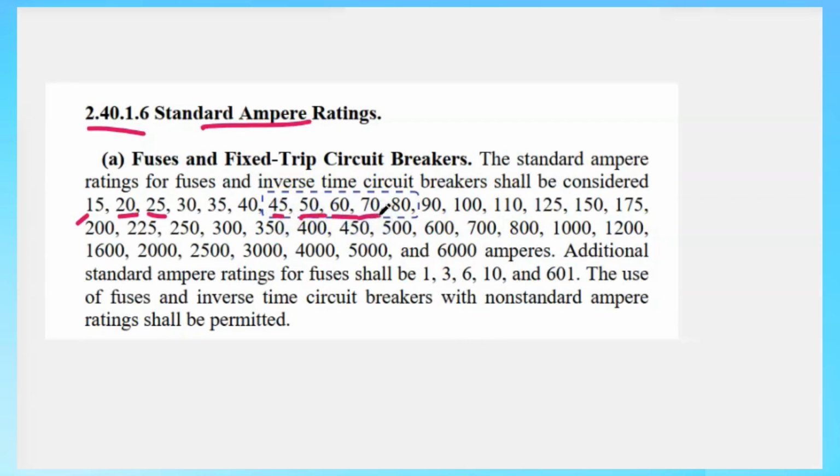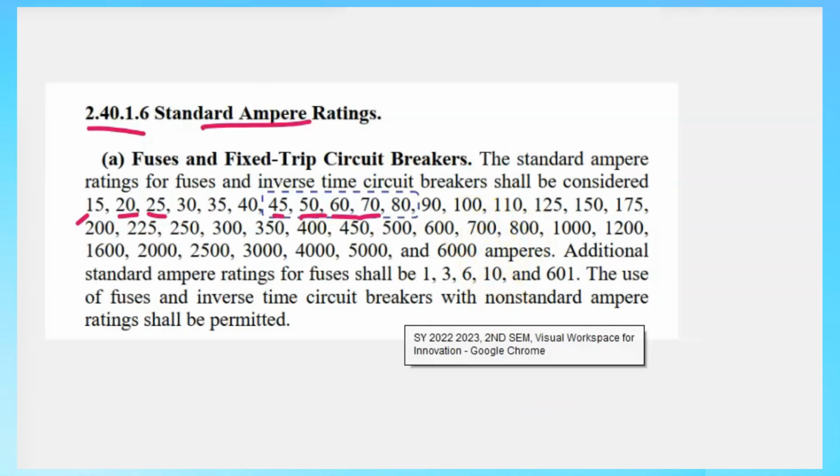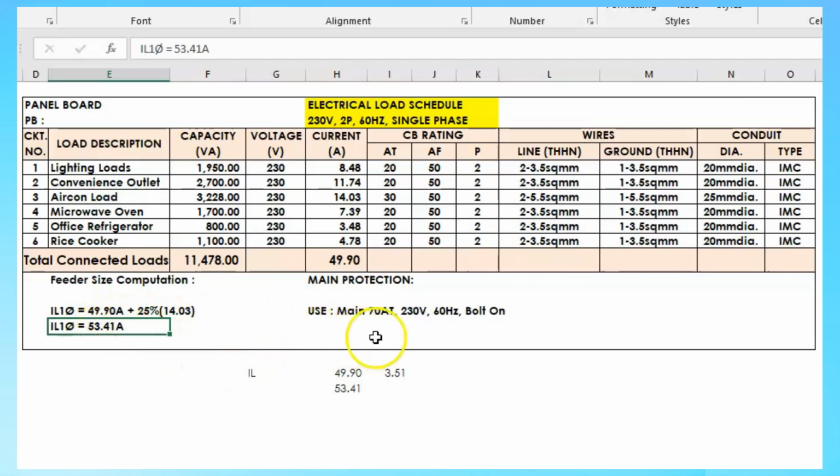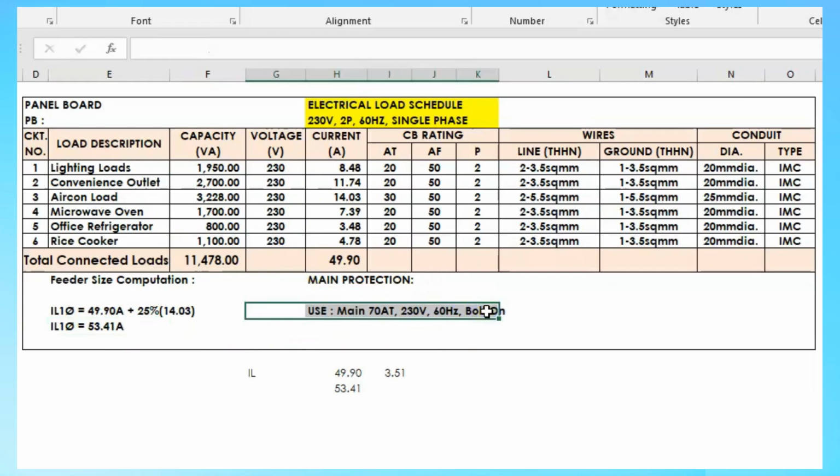If we apply the 80% rule, a panel board should only consume 80%, and the remaining 20% is spare, so the circuit breaker does not overheat. So it is better to use 70 amperes. 80% of 70 amperes is 56, and we have 53.41. The main purpose of the 70 amperes is in case you want to install or add more later.